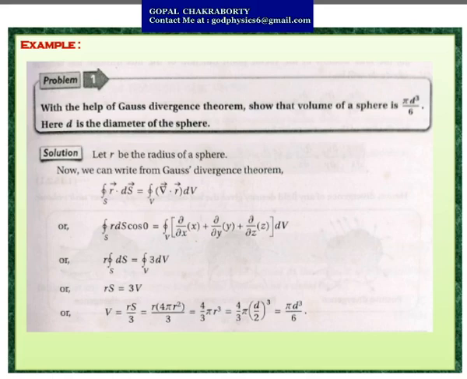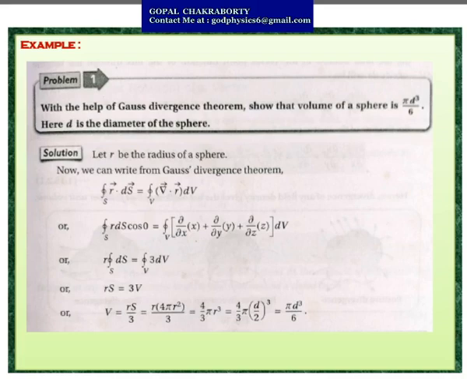We have already derived or discussed in my previous video, so that will give you 3 dv. So we find the integration of 3 dv over the volume. Now r into s, because s is the total surface area after taking the integration over ds, equals 3 into v, where v is the total volume after taking the integration over dv.